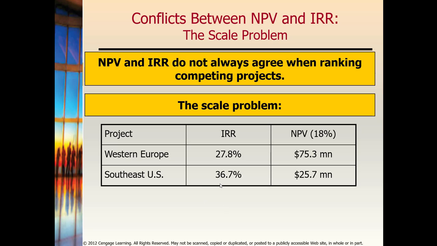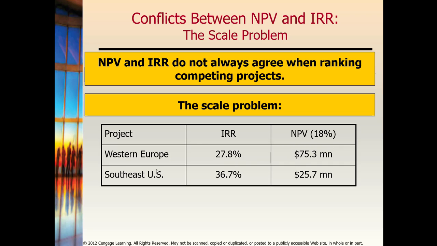But this Western European project is a larger scale than the Southeast proposal, and it can create much bigger value for the company. So when you have a conflicting recommendation between the IRR and the net present value, the golden rule is choose the net present value. Whatever net present value tells you is the preferred proposal, choose that one.